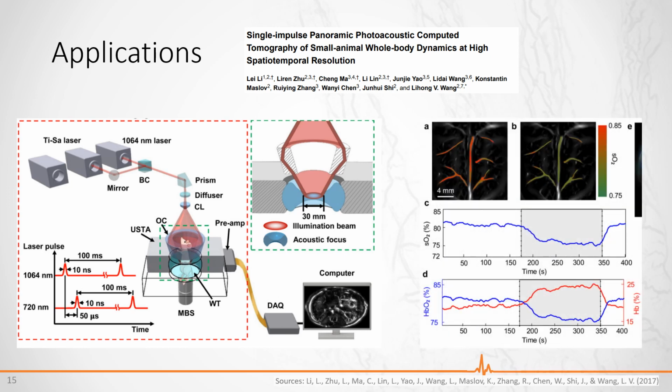And here you can see the blood oxygenation levels in the main arteries of a mouse brain. In the gray area, the mouse was exposed to an atmosphere with less oxygen. But this tomograph has also the capacity to do functional imaging of blood vessels at any other cross-section.